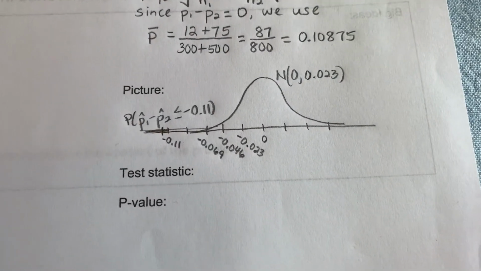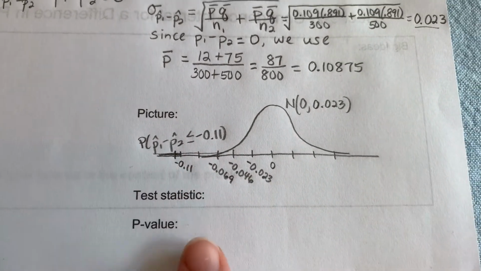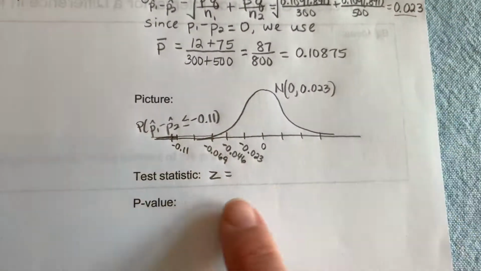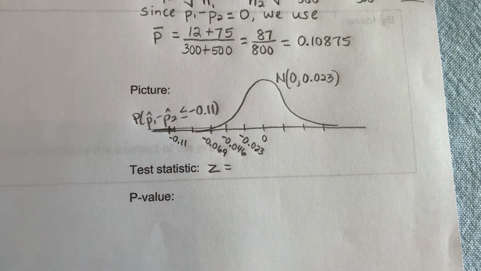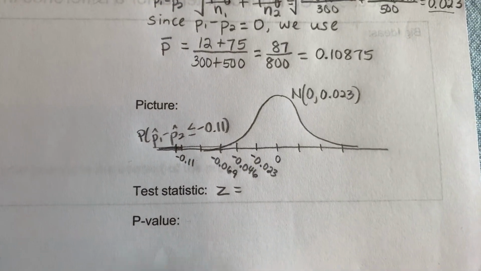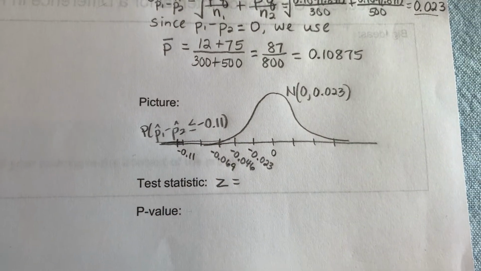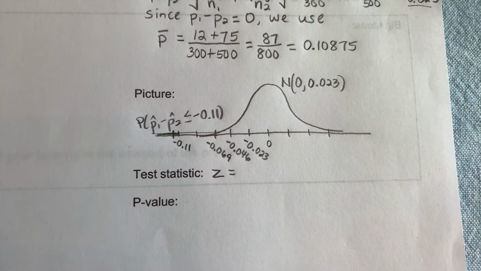Again, I also want to point out that I'm going to find that probability by finding the test statistic, which will be a z-score, and figuring out the area to the left of that z-score. Now, I didn't actually draw the standard normal curve here. I drew the normal curve representing this sampling distribution.